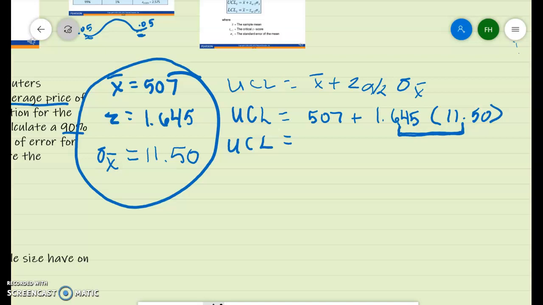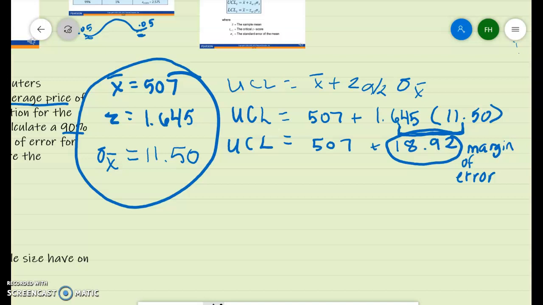You get 18.9, I'm going to round to the second decimal place. You get 18.92. This number here is what we call the margin of error. So it's our cushion above and below the mean.